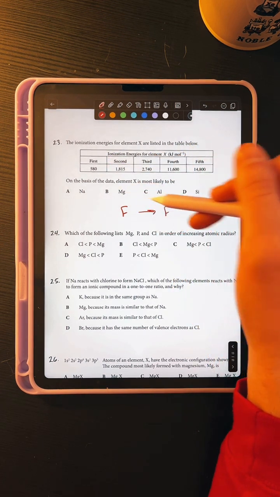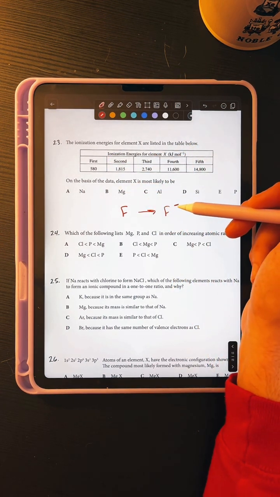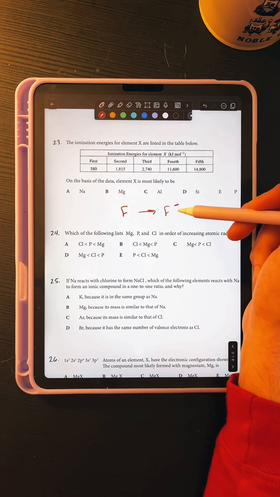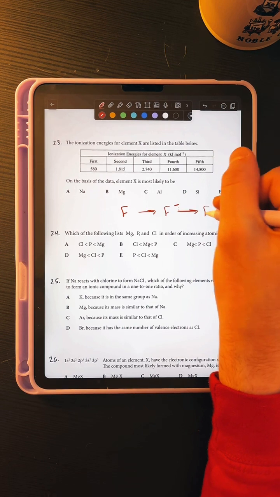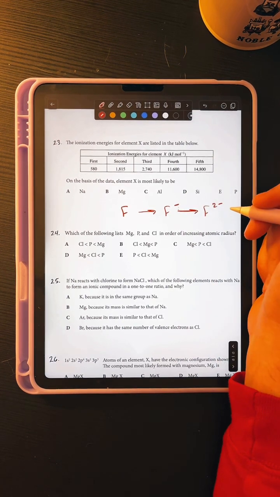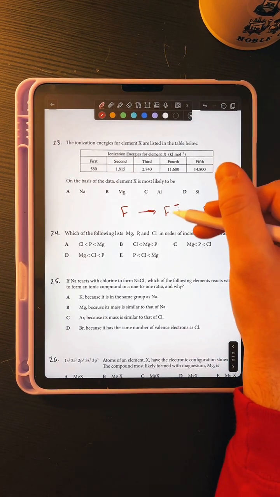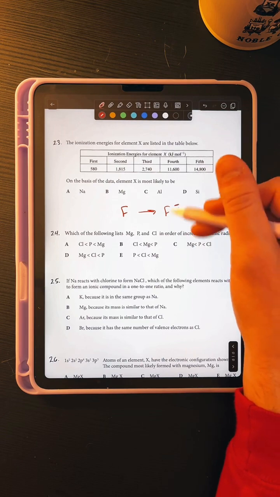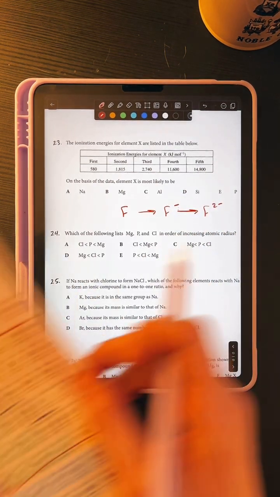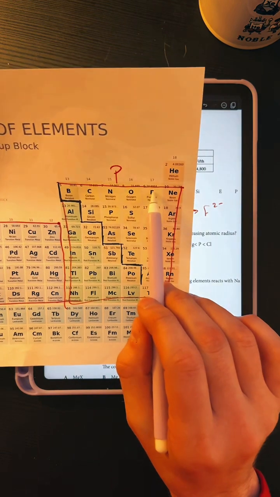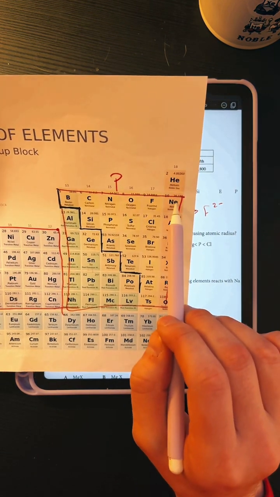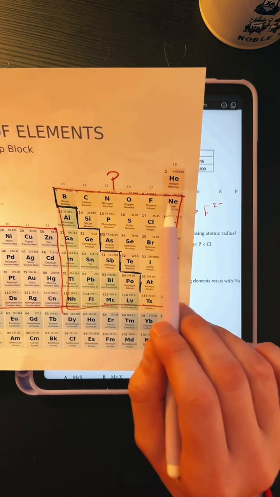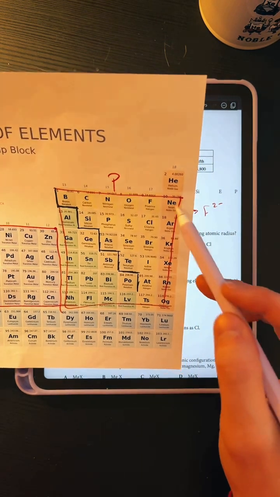Now, that would be the first ionization energy because it's just putting one electron on there to get a -1 charge. Let's say we wanted to get an F2 minus charge. Well, fluorine likes to be a -1 charge. If we look at the periodic table, it likes to gain an electron. And if it gains 1 electron, it acts like a noble gas. And because it's acting like a noble gas, it's happy, it does not want to move.